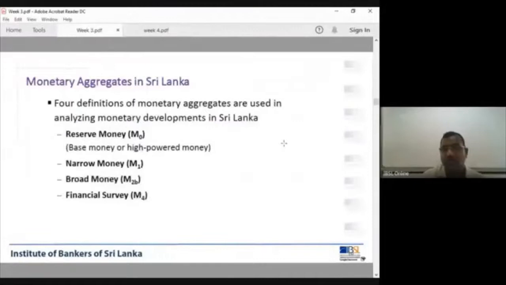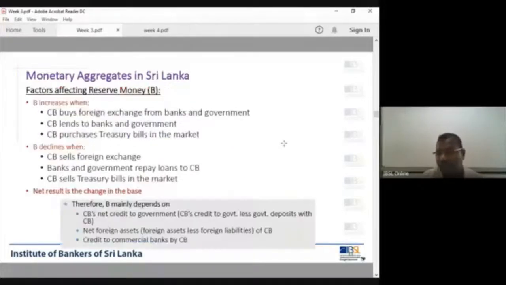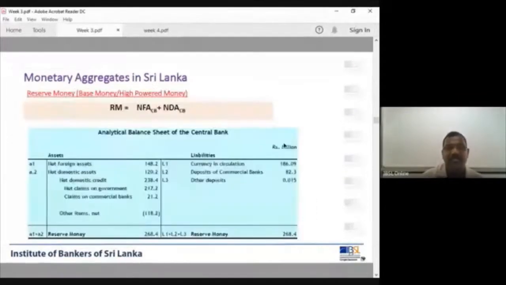When we move to the reserve money discussion and its sources based on the Sri Lankan context, we started with reserve money, and we looked at what the components of reserve money are, and also what the factors behind it are. And I simplified those factors in this equation.